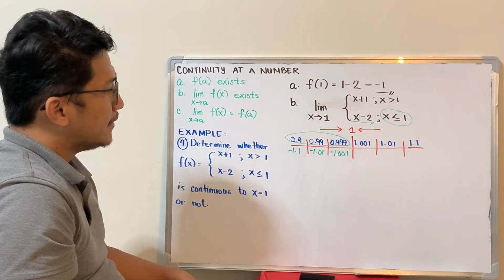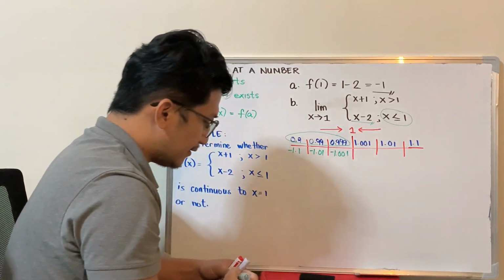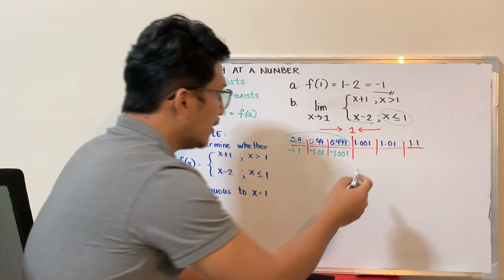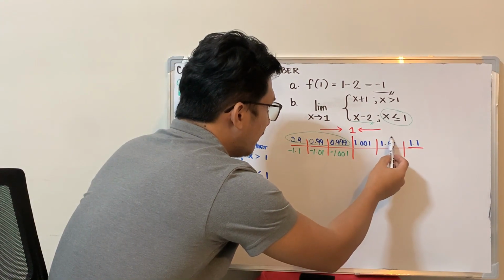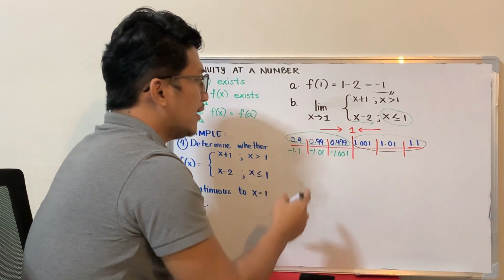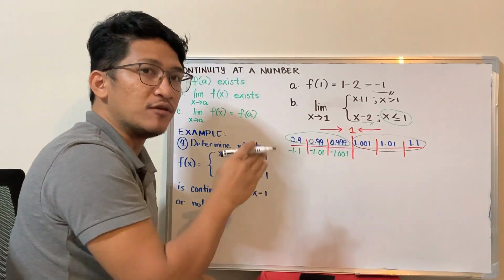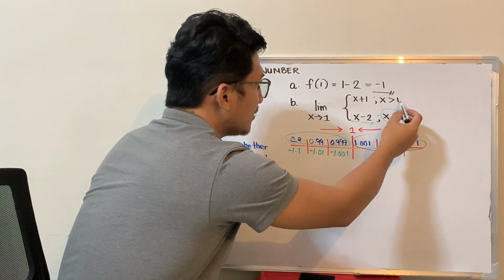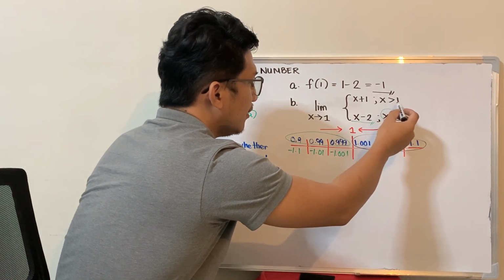And then, on the right side, it is this one. So notice that the values from before, 1.001 until 1.1, these values are greater than 1. So they are bigger than 1. So they fall here, where x is greater than 1. Okay?